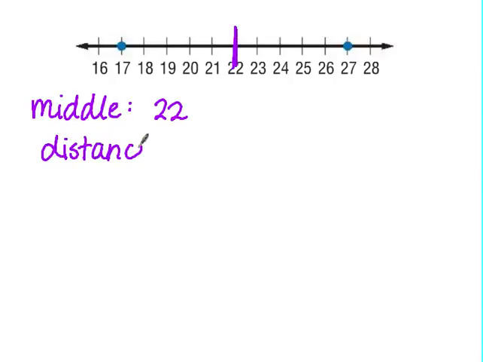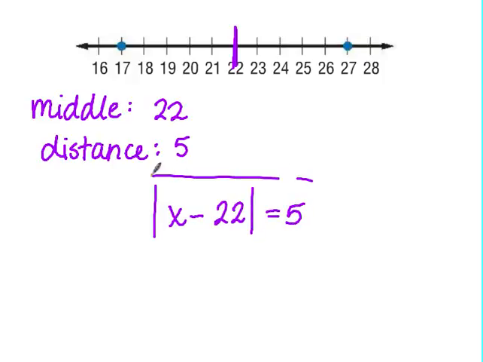What's the distance from the middle to one of those points? 5. Good job. So now my equation, x minus the middle. So x minus what? Equals? There you go. Pretty straightforward if you use that formula.